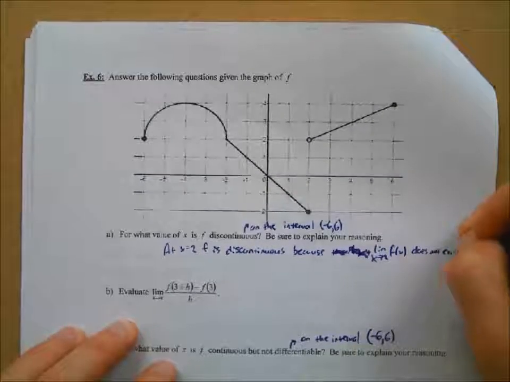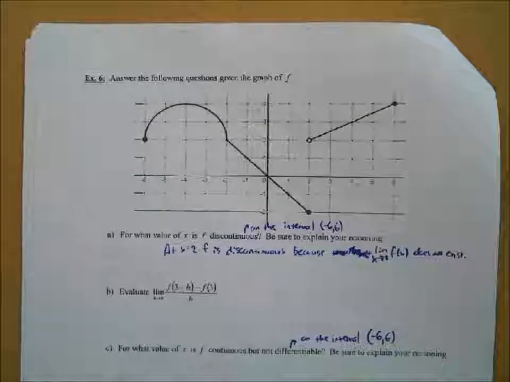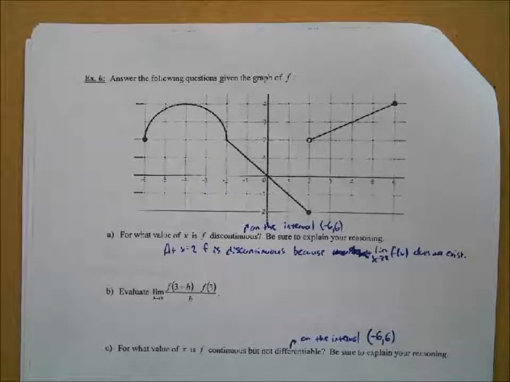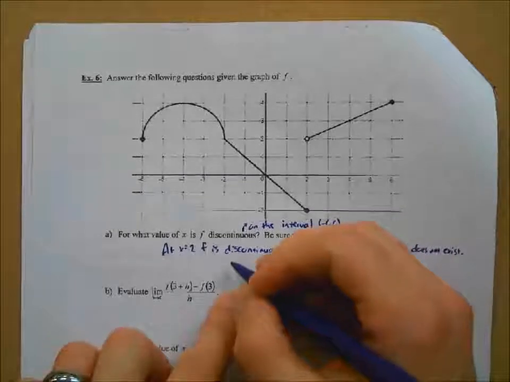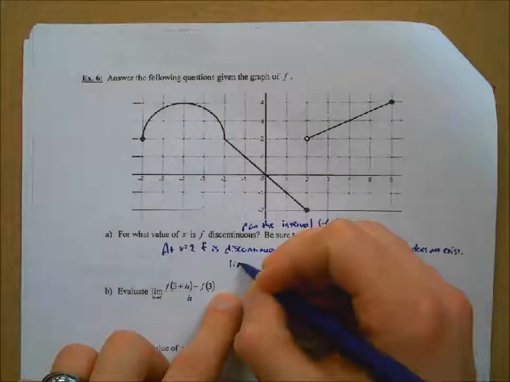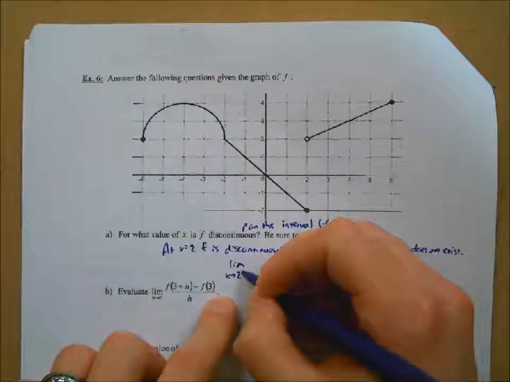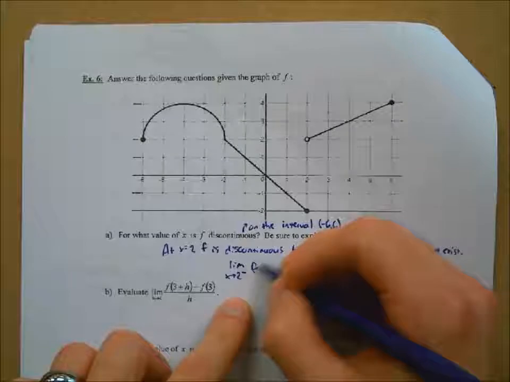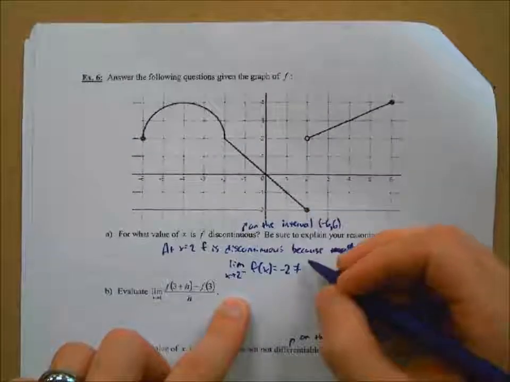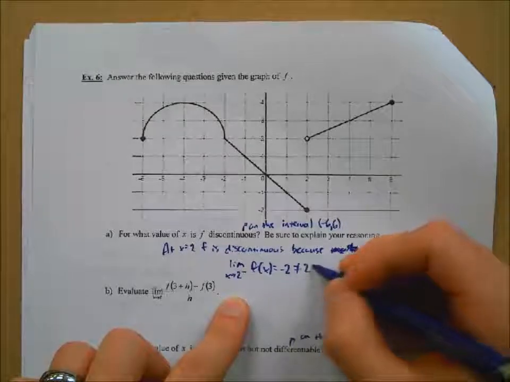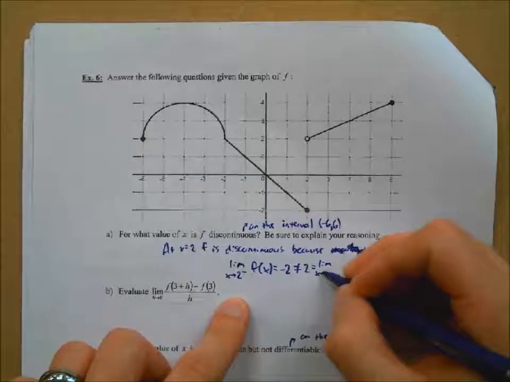Did anyone go into talking about limits from the left and limits from the right here at all? Okay, so I think that's even more thorough. You can state this, and that's certainly fine, but I even like saying the limit as x approaches 2 from the left of f of x equals -2, which is not equal to 2, which is equal to the limit as x approaches 2 from the right.